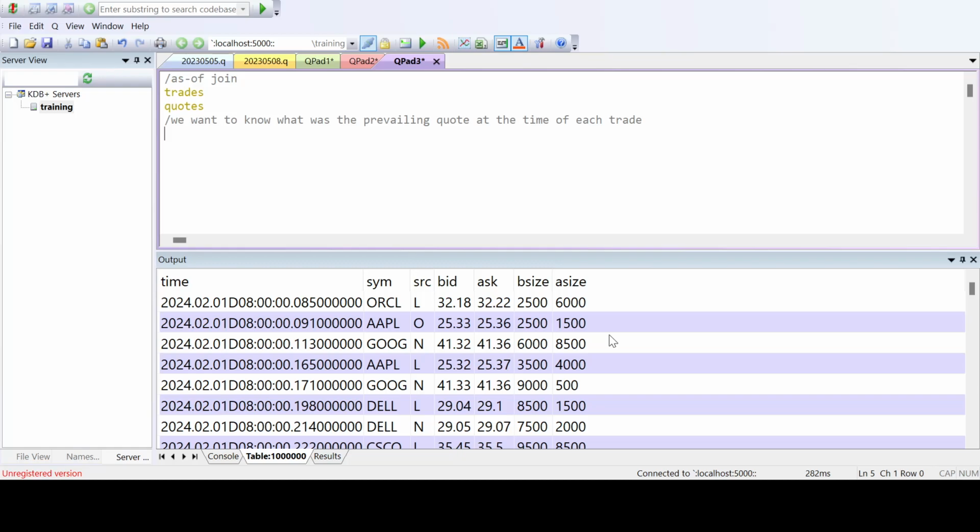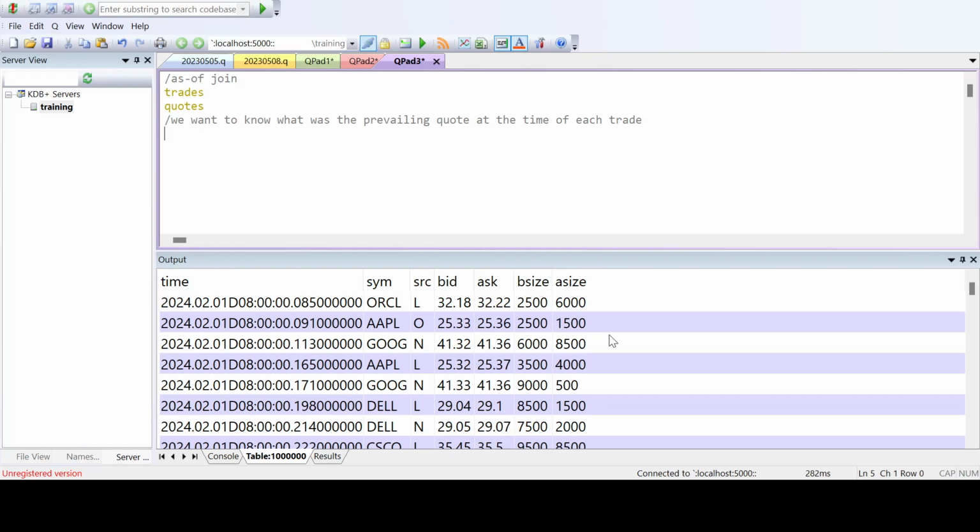So when this match happens, the quote gets converted into a trade. So the number of quotes will always be much larger than the number of trades.